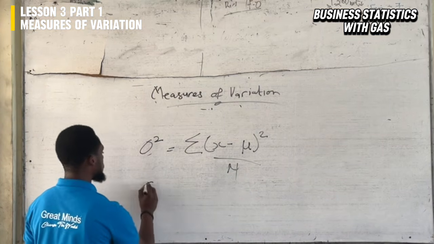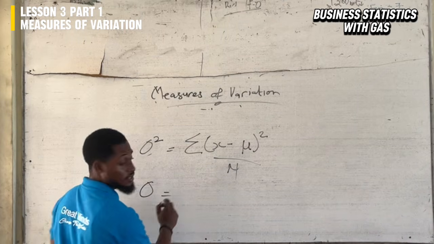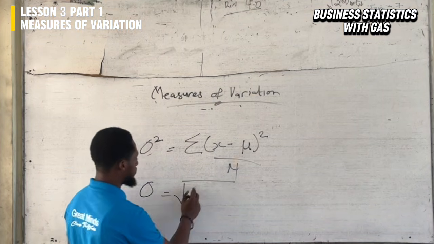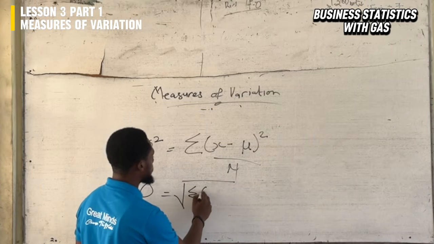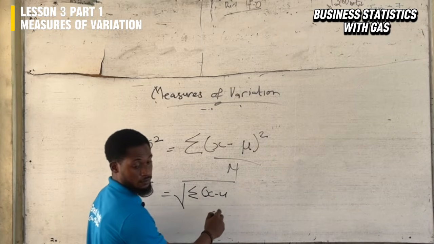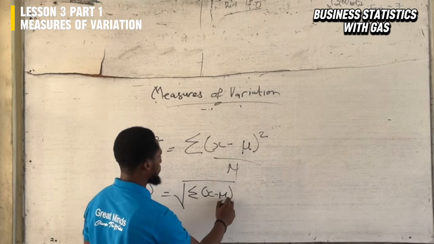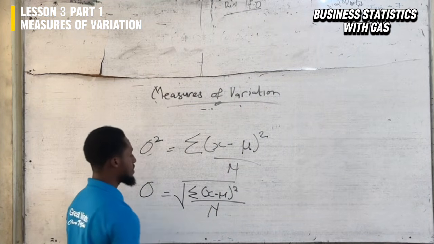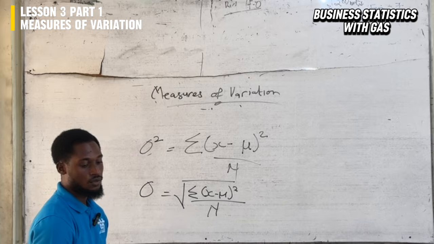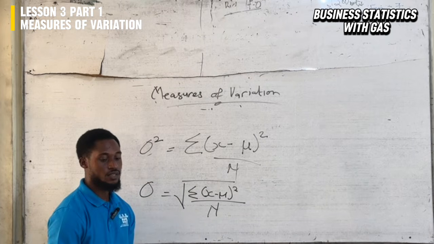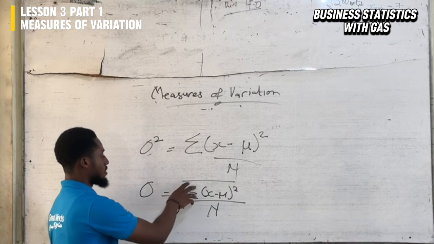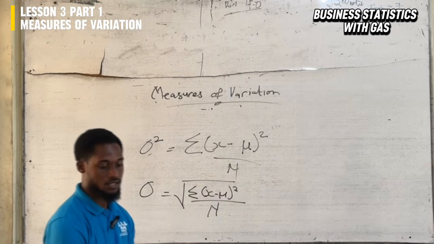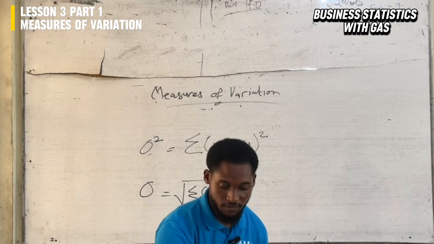This is the formula for population standard deviation. It is the same as what we interpreted, but there is an additional touch here.